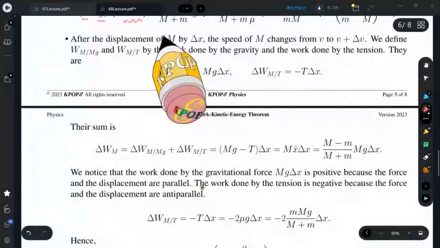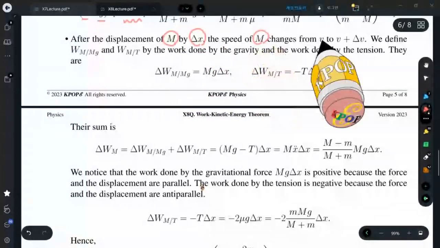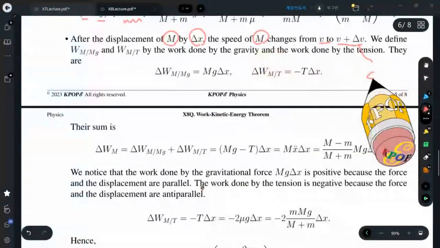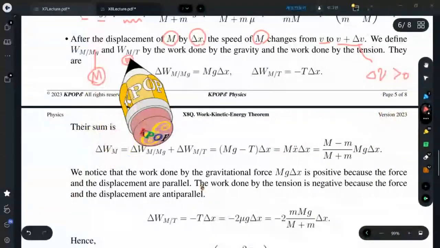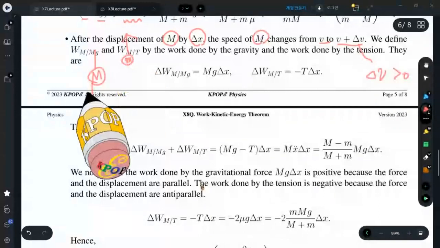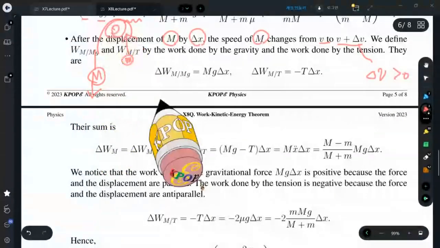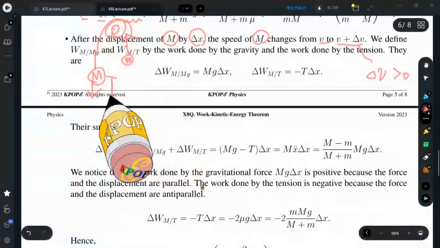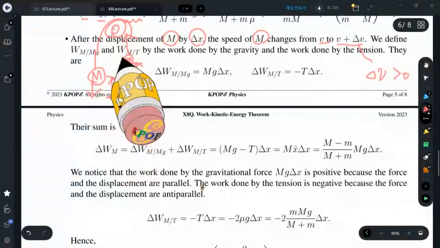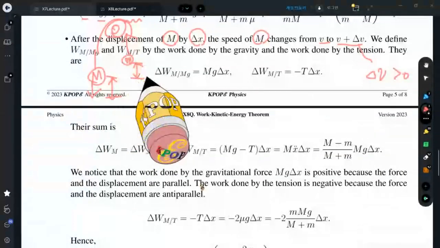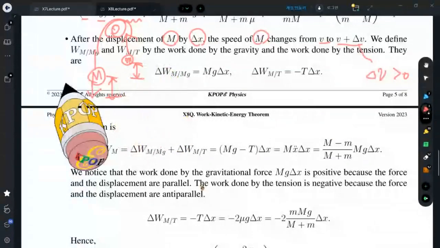After the displacement of m by delta x, the speed of m changes, and we know this delta v is positive, because small m is here, going up, and capital M is going down. The height capital M falls is the same as the height small m climbs.